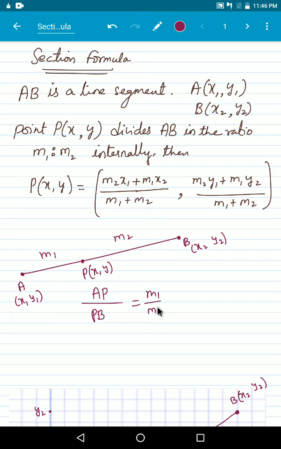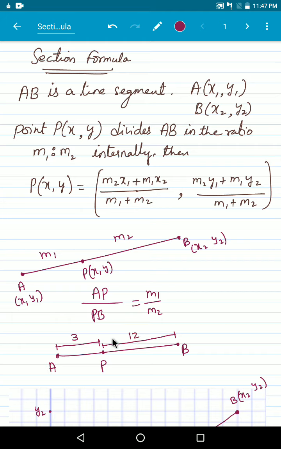Like for example, let us say this is point A and this is point B and we have point P somewhere here. If the distance between A and P is, let us say, 3 units, and the distance between P and B is, let us say, 12 units.